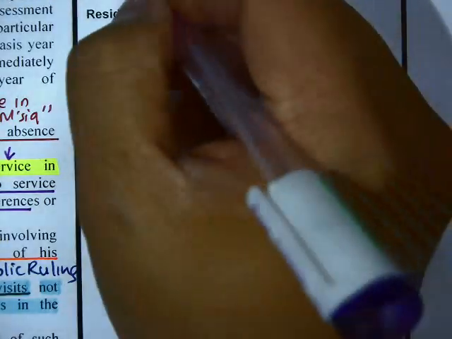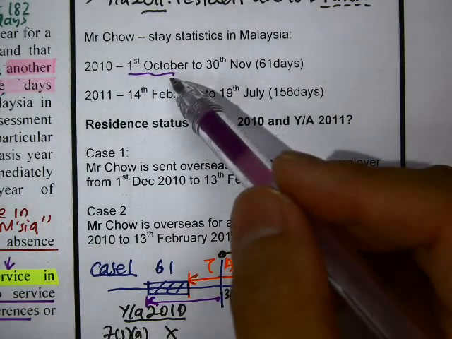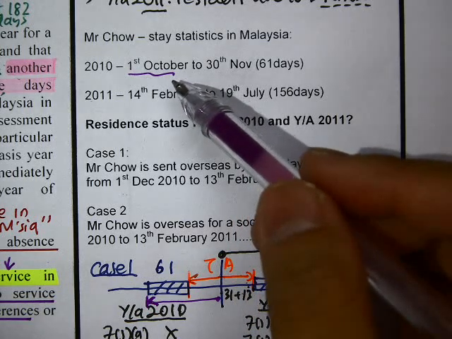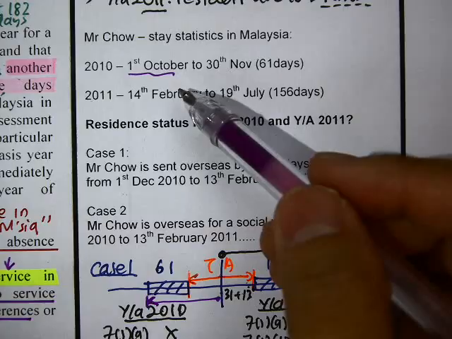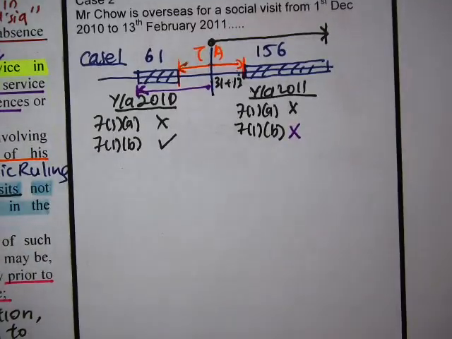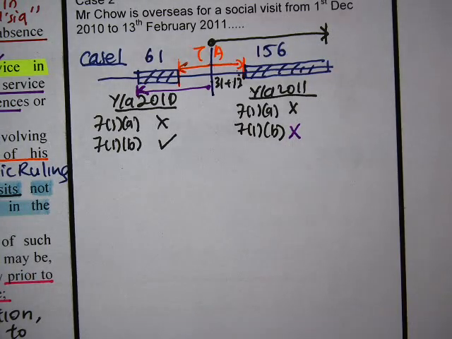You're going to link all the way to 1st of October. So just do a quick count: October, November, December. You only have 3 months. You will never be able to make up to 182. So again, you fail. So you're going to be resident here, and you will not be resident for 2011 by way of A or B.